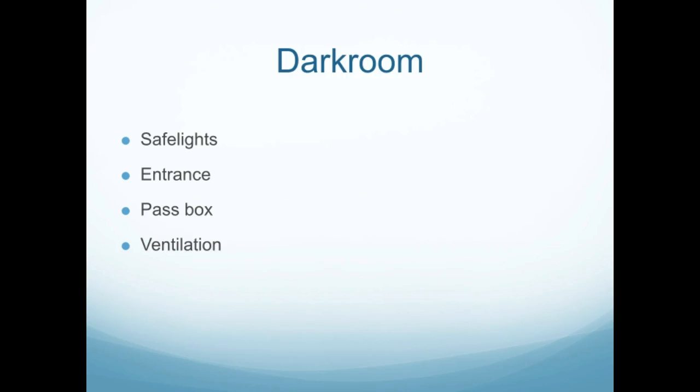So in the darkroom itself, you're going to have Safelights. You're going to have an entrance, a couple different types of entrance. We have a pass box, which you would put your exposed film in one side, and it says exposed, and the other side would have clean films in it. So let's say someone's doing a fluoroscopy exam, and they're continually feeding the pass box with films.